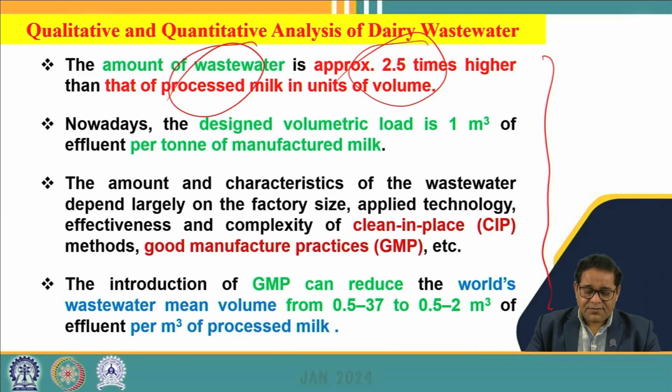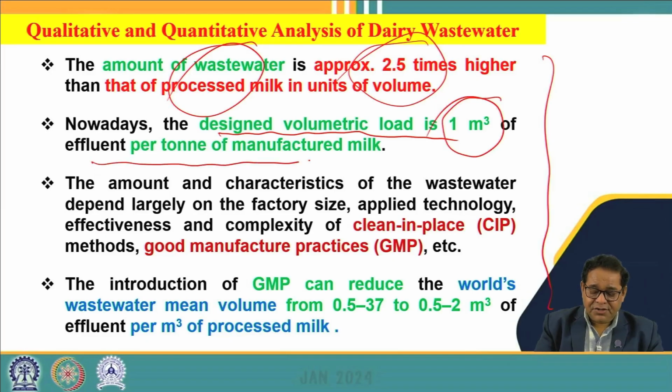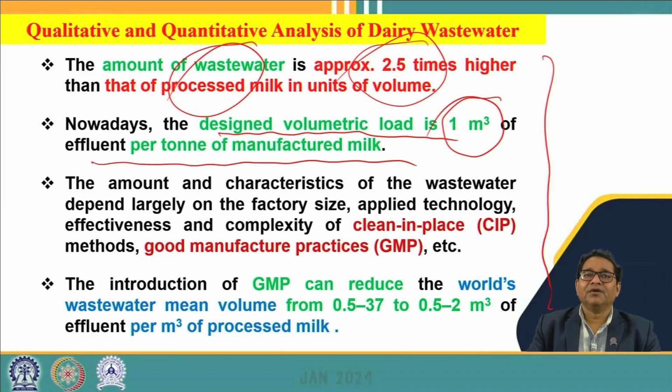But nowadays, with advanced technology for production, different cleaning processes and best management practices adopted in the plants, this wastewater volume has been reduced to 1 cubic meter per cubic meter, or we can say per ton of milk products.